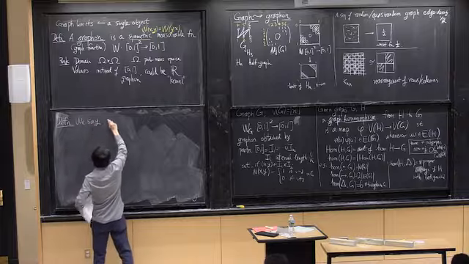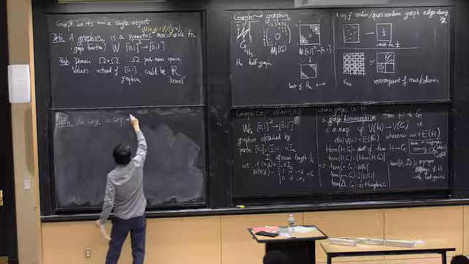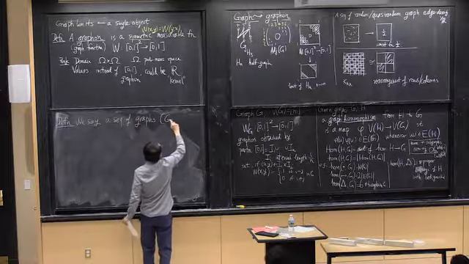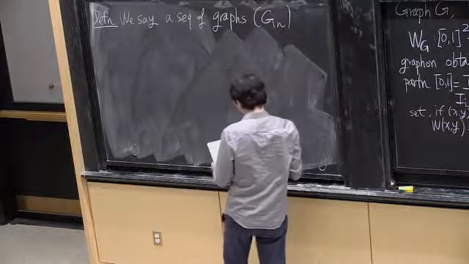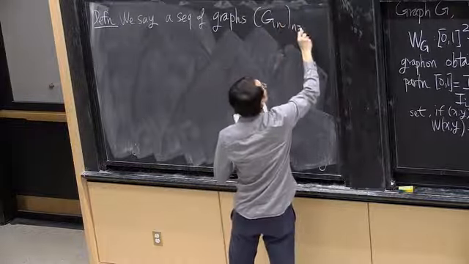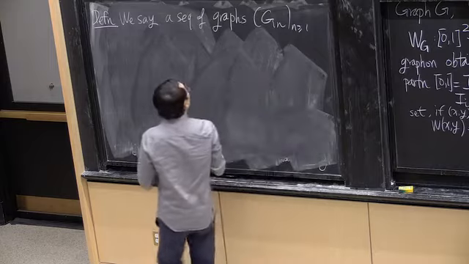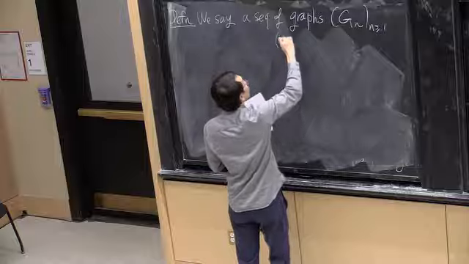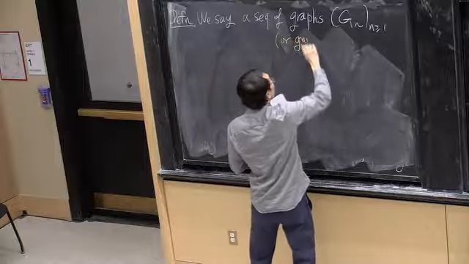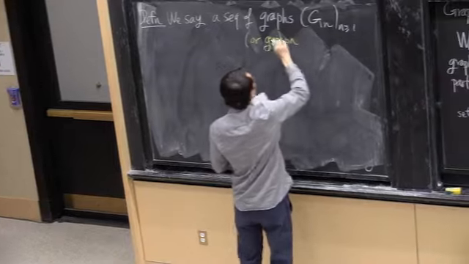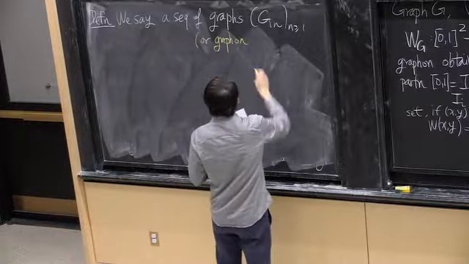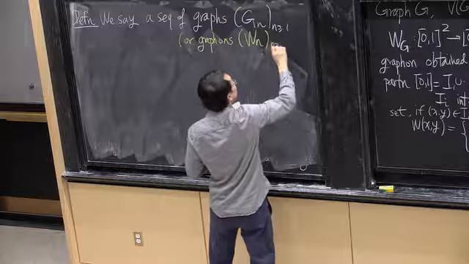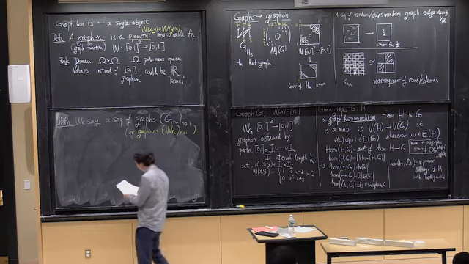We say that a sequence of graphs G sub n, or graph functions, in which case I'm going to denote them by W sub n. These two definitions are interchangeable for what I'm about to say regarding limits.